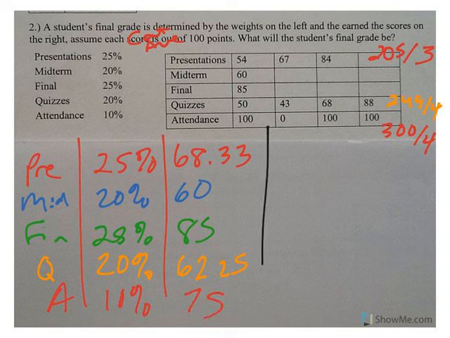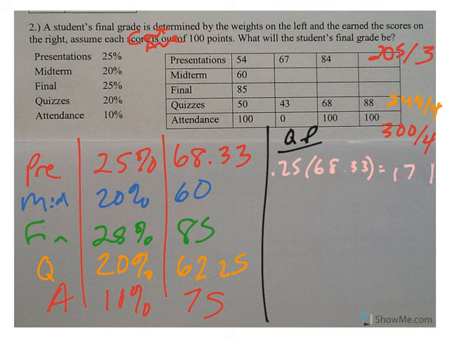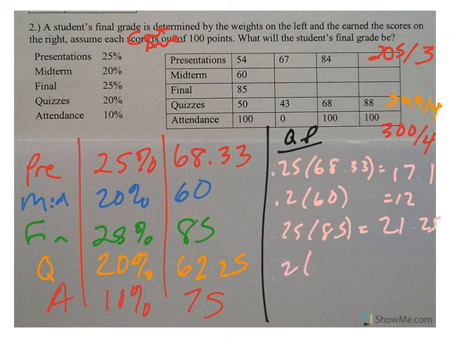So for these, we can then find the quality points. Remember, we're going to multiply. 0.25 times 68.33, and I get a quality point of 17.1. 0.2 times 60 gives me 12. 0.25 times 85 gives me 21.25. 0.2 times 62.25 gives me 12.45.